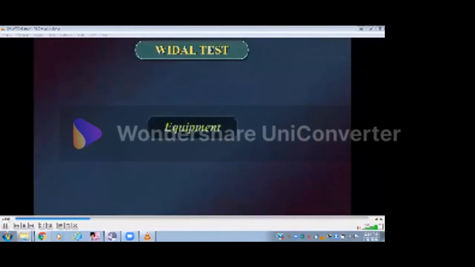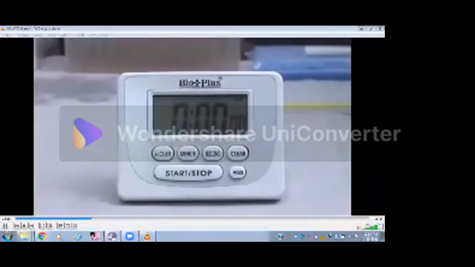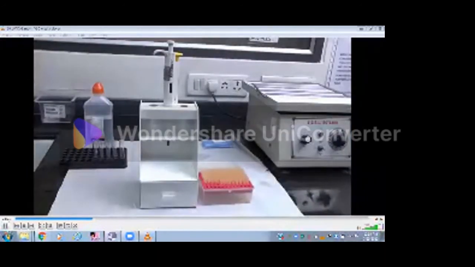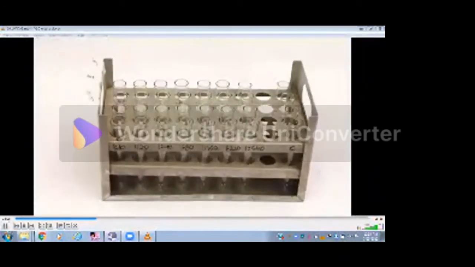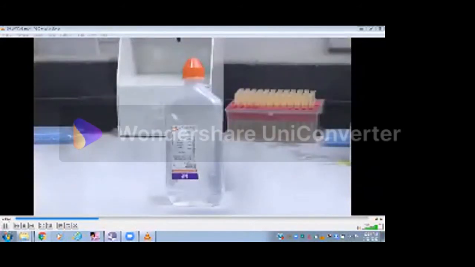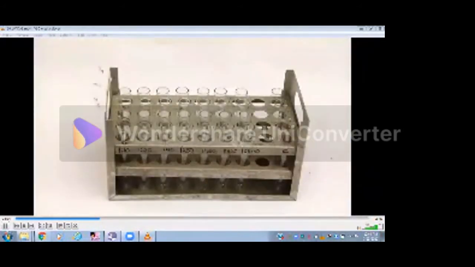Equipment: incubator, timer, 0.1 milliliter and 1 milliliter serological pipettes and droppers, 36 WIDAL tubes or count tubes for each sample, physiological saline, test tube rack.